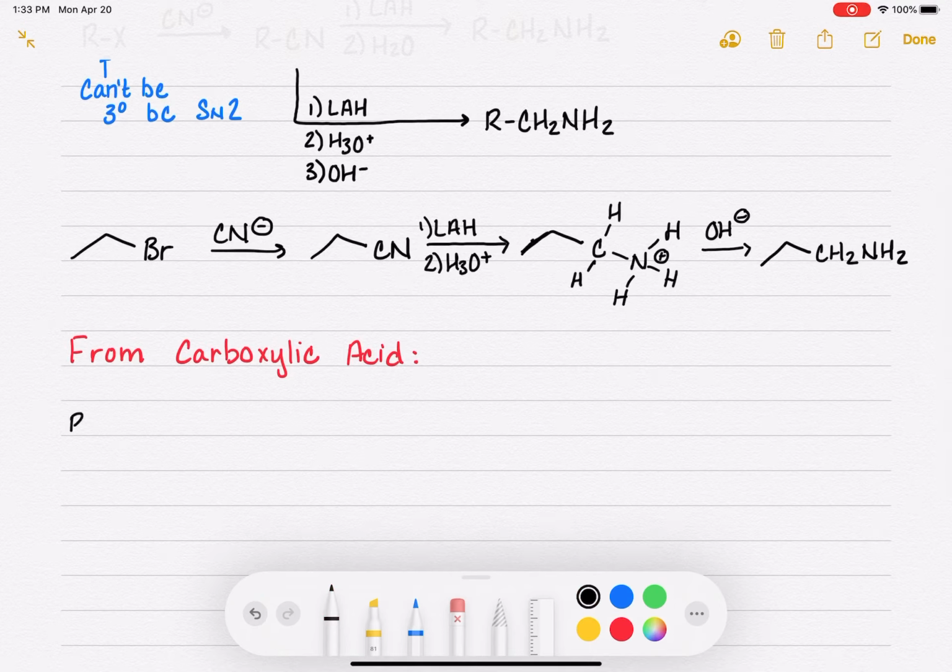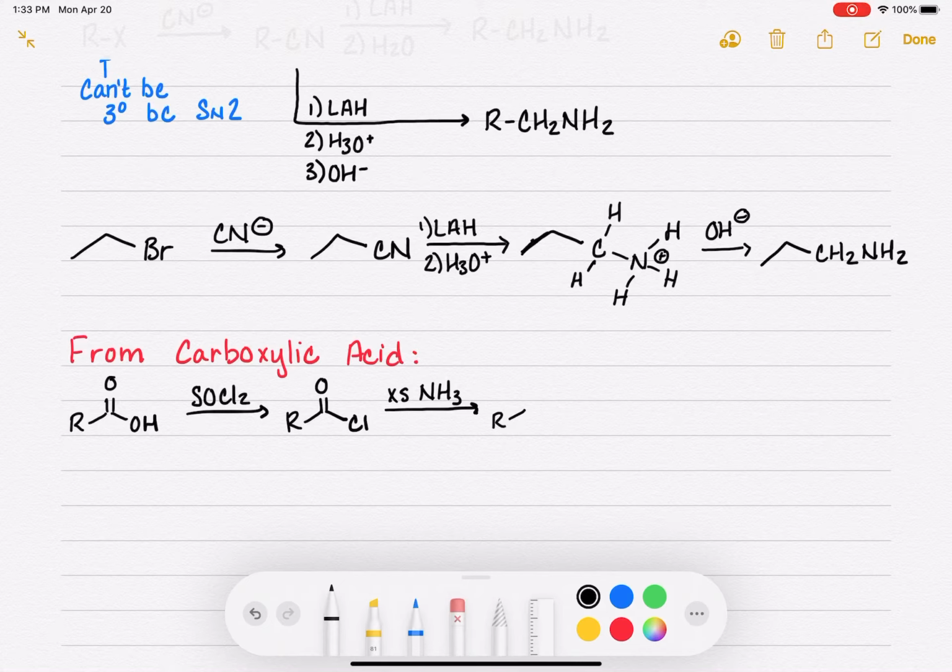We could take any carboxylic acid that we want, react it with thionyl chloride, react the product with excess ammonia, which makes an amide, and then follow that up with our reducing agent LAH, followed by H2O or H3O plus.